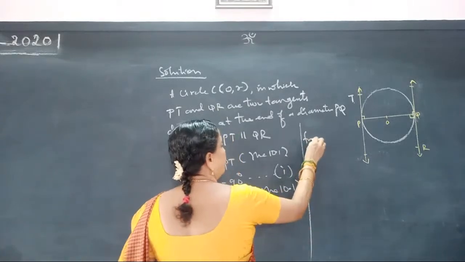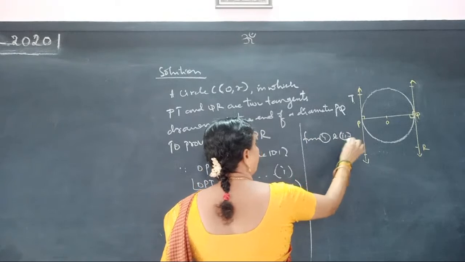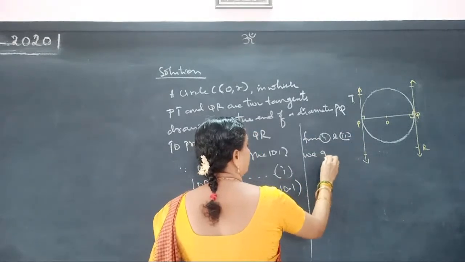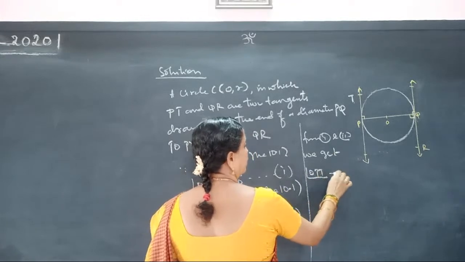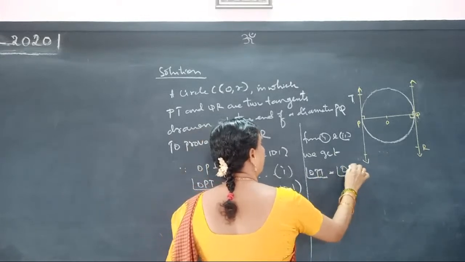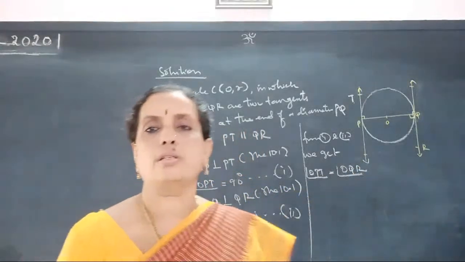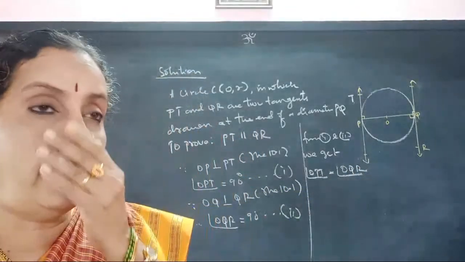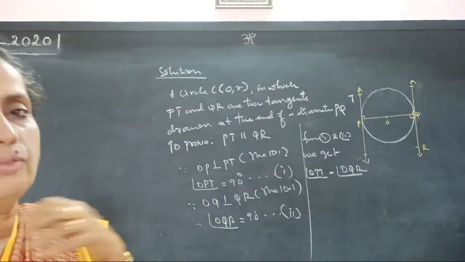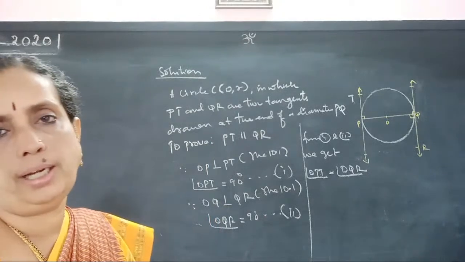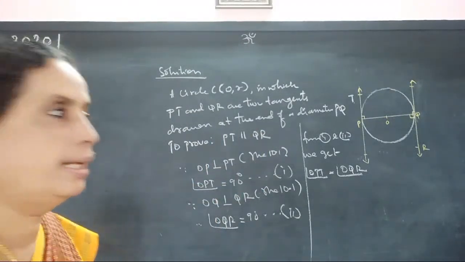Then you write, from results 1 and 2, we get angle OPT equals angle OQR. You can also take the corresponding angles summing to 180 degree, but for that you have to add and show it, so instead I took it as alternate interior angles.